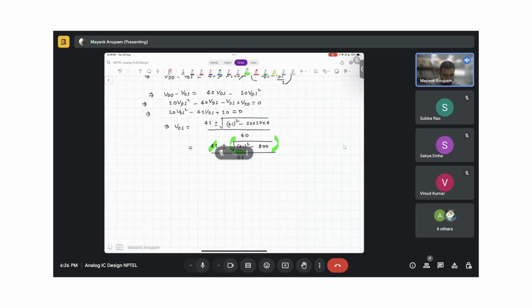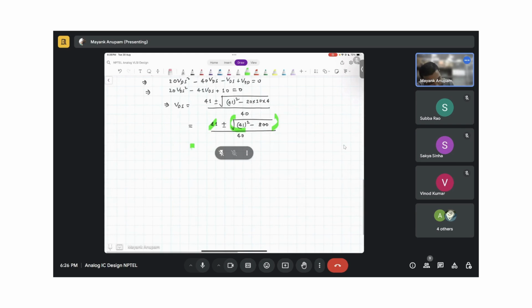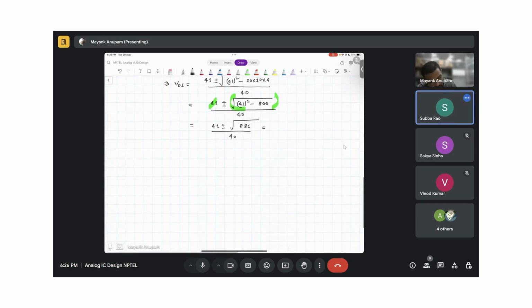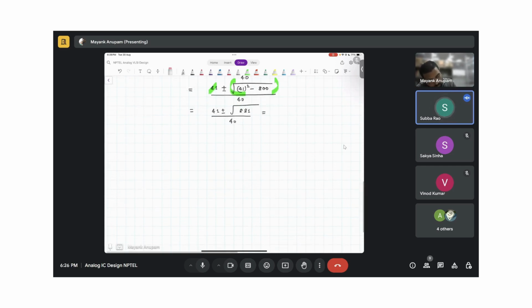So it's 41 plus minus under root 881, divided by 40. And what is the square root of 881? 29.68. So it's 41 plus minus.